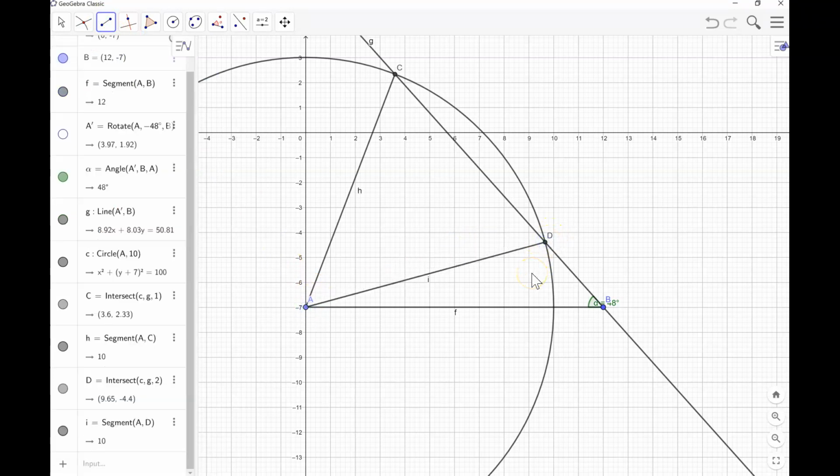Everybody kind of see that? So again, you have a 10, a 12, and then a 48-degree angle. Or this one, you'd have a 10, a 12, and then the 48-degree angle. This is why there's no SSA congruence theorem, because those 3 things being congruent doesn't guarantee you have the same triangle. They could be different triangles.